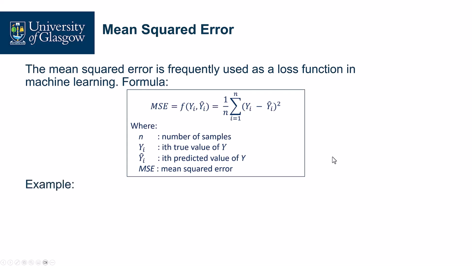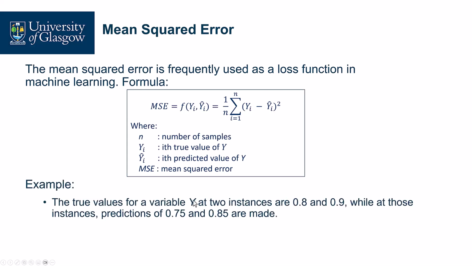Let me give you an example. The true values of the variable y, let's say two instances, are 0.8 and 0.9, and the predictions are 0.75 and 0.85. What is the mean squared error? We can calculate using this formula.